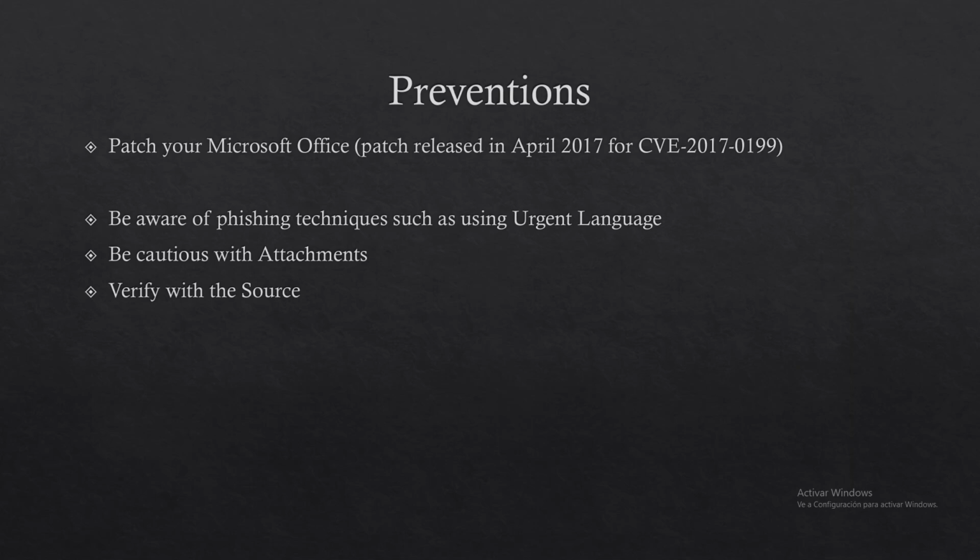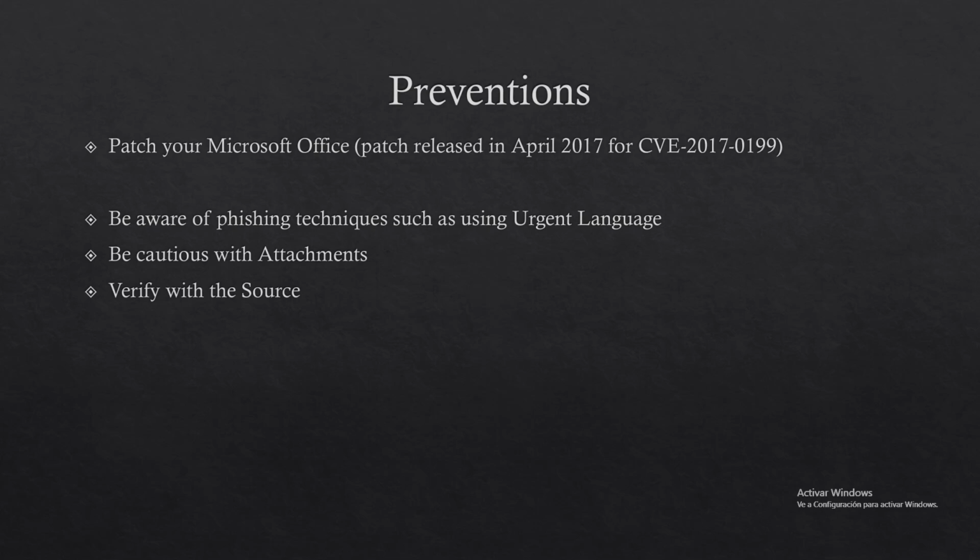Now we can talk about some preventions. Some are just patching your Microsoft Office. There was a patch released in April 2017 for this matter. We also gotta be aware of phishing techniques such as using urgent language, words like click now, or you're gonna lose the opportunity, or you just have 24 hours to click this.